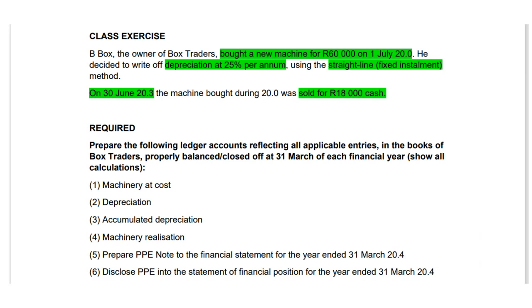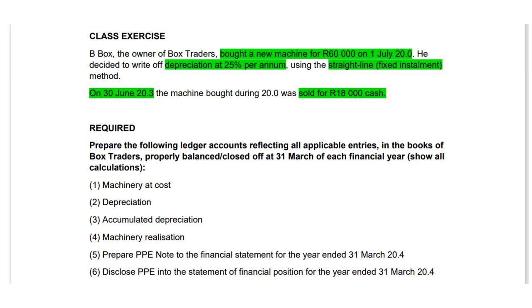Then, as soon as this machinery is available for use on the 1st of July 20.0, we'll need to start depreciating by applying 25% per annum. And then we'll also need to determine the accumulated depreciation. Then we need to do the machinery realization account. We'll prepare the PPE note, and on 5 and 6, we are saying prepare the PPE note to the financial statements for the year ended 31st March 20.4.